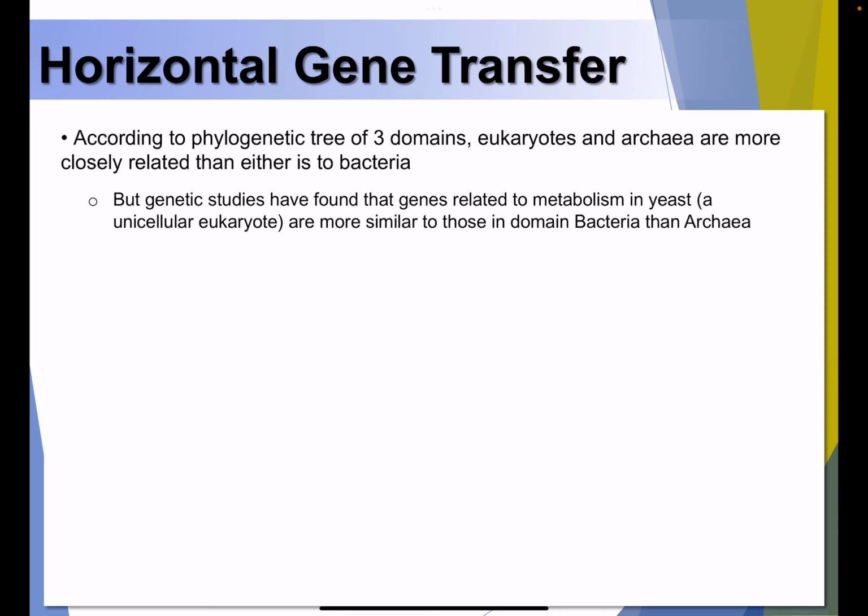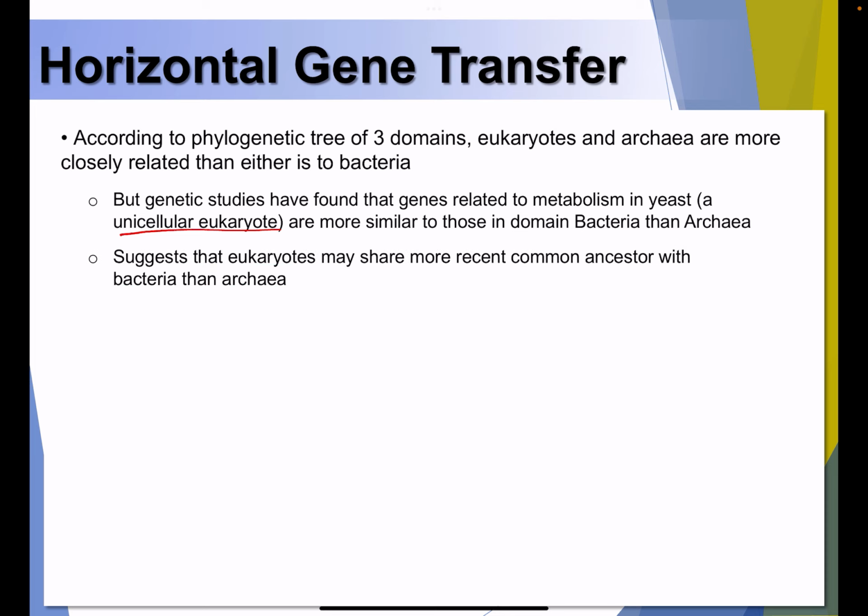Well, turns out that some genetic studies have found that there are genes related to metabolism in yeast cells, and yeast is considered a unicellular eukaryote, and they say that these particular genes are actually more similar to those in the domain bacteria than archaea, which kind of contradicts what we just said, that eukaryotes and archaea are more closely related than to bacteria.